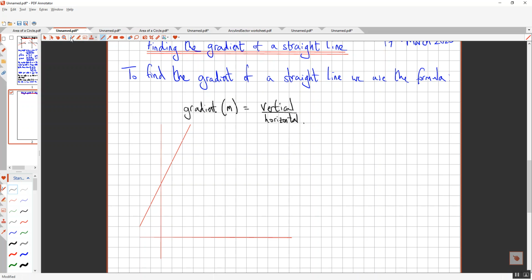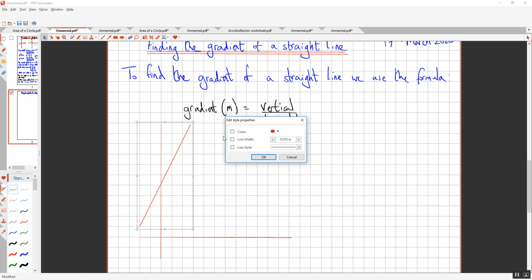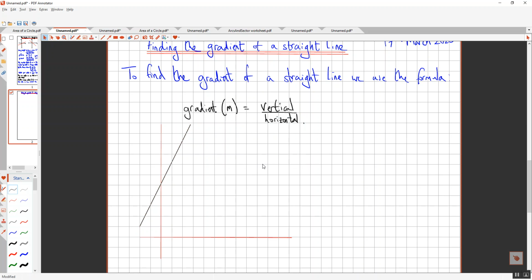Then I'm going to change the color of the line just so we can see it slightly differently. Let's make it black. Alright, so I've got my x-axis. I'll give you some graph paper in a second. And this is our line.